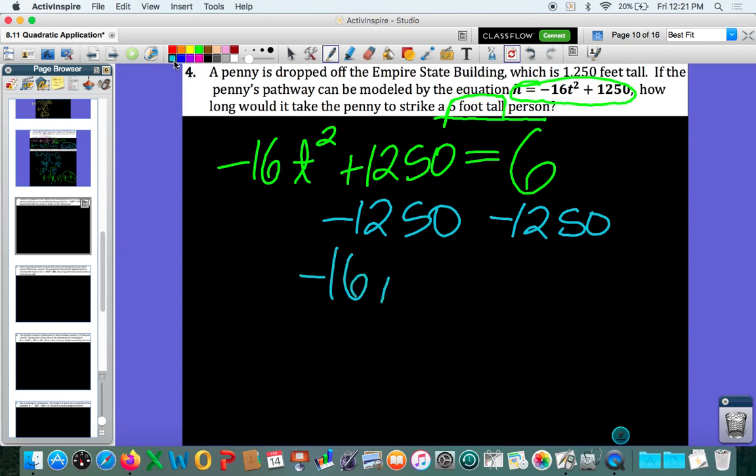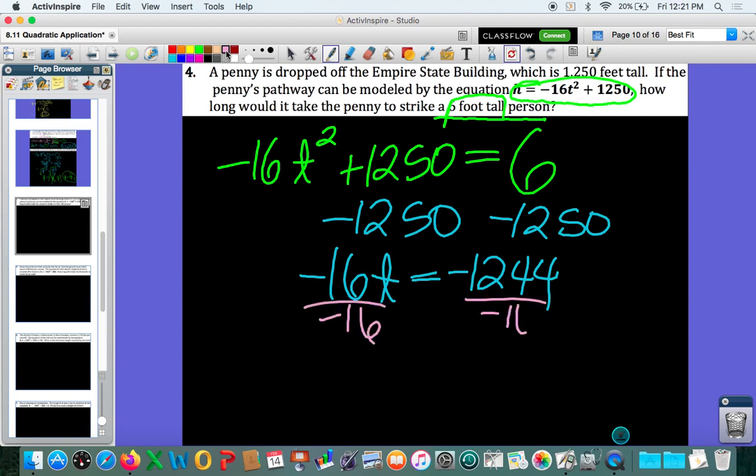So I've got negative 16 t squared equals negative 1,244. So you need to divide by negative 16. And we've got t squared equals 77.75.